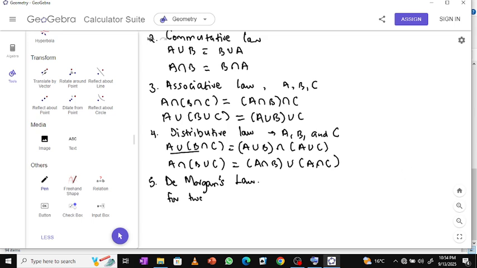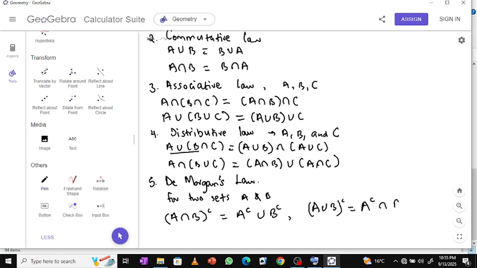For 2 sets, A and B, A intersection B complement is the same as complement of A union complement of B. And if it were the other way around, A union B complement, it would be the same as A complement intersection B complement.